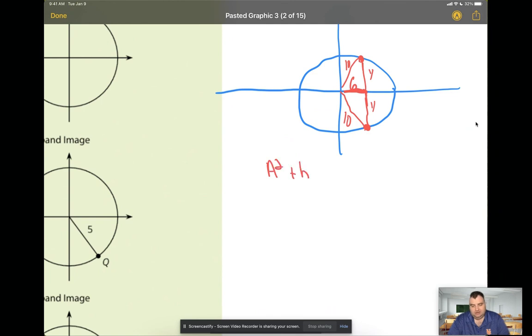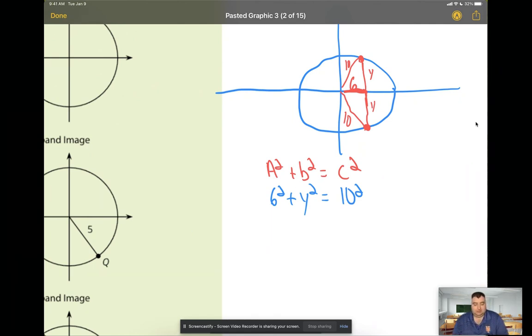So a squared plus b squared equals c squared. Again, I know that my x value is 6, so I'll plug in 6 for a. I don't know my y value, and I know that the hypotenuse, the radius, has to be c. So we have to solve this.